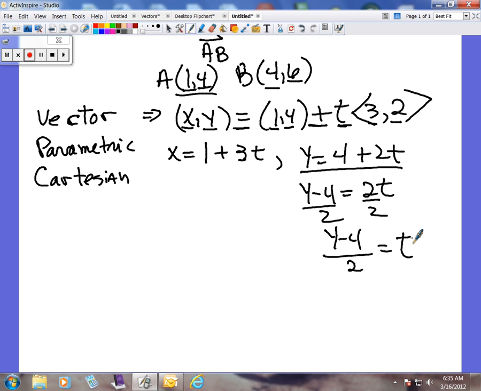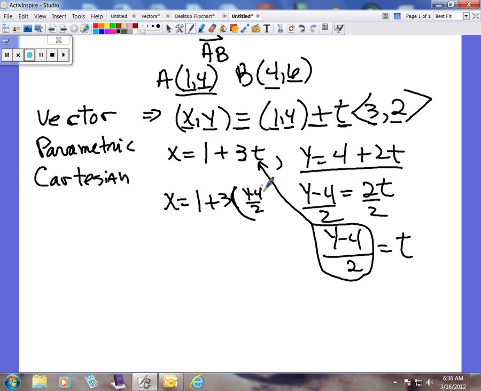All right. Now we can substitute again. That's what we want to do. We want to get rid of the t's. So we're going to take this and substitute it in for t. And the point is, for our Cartesian, we need just x and y and a constant. So we will have x equals 1 plus 3 times y minus 4 over 2.